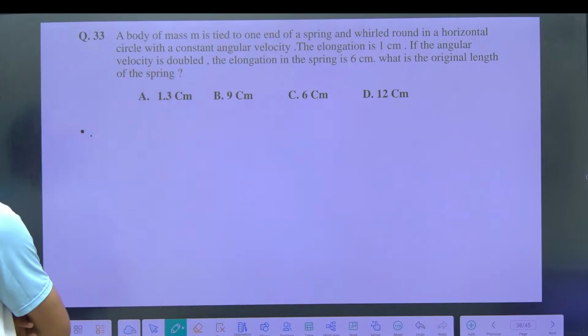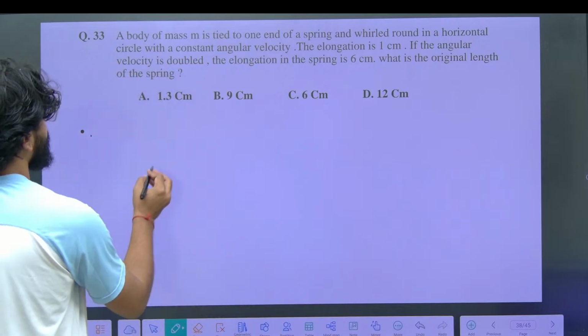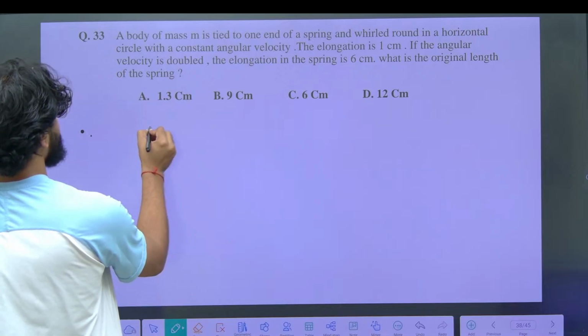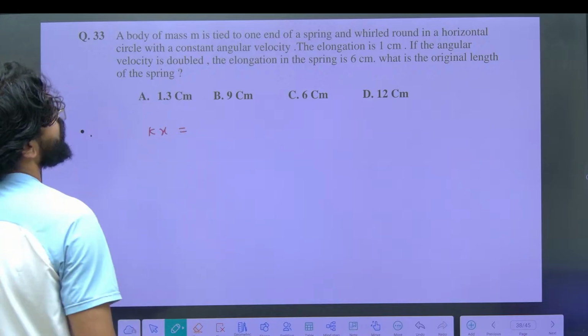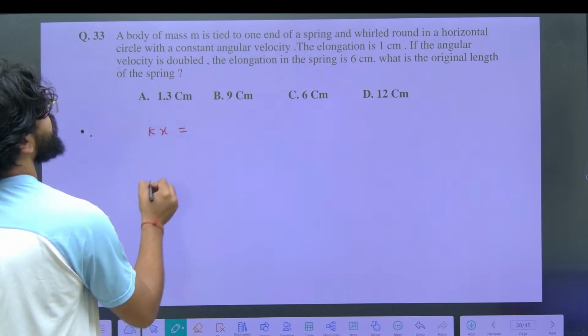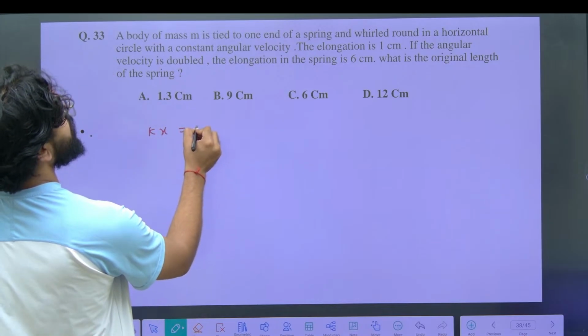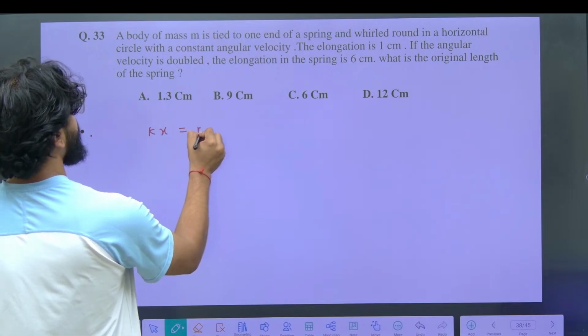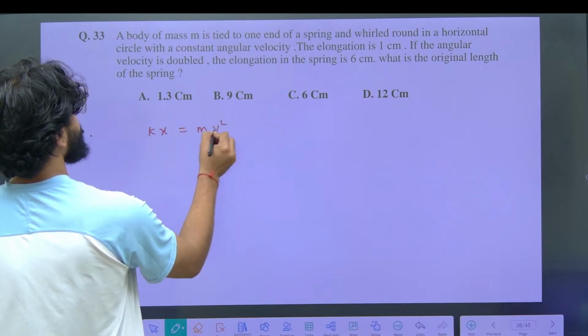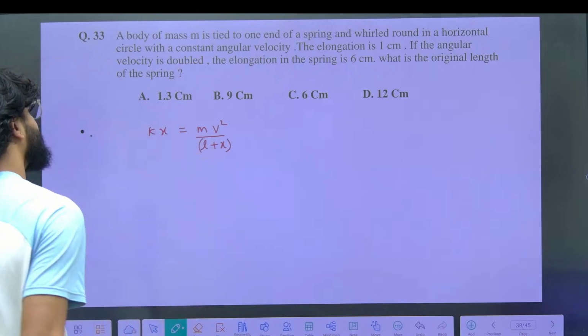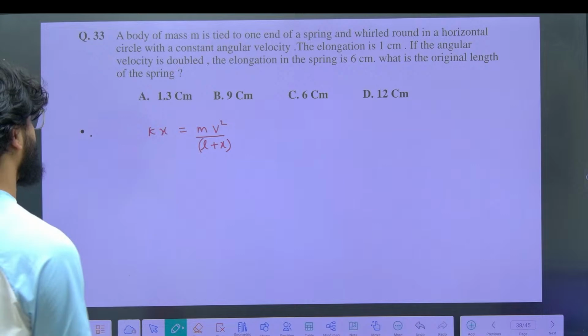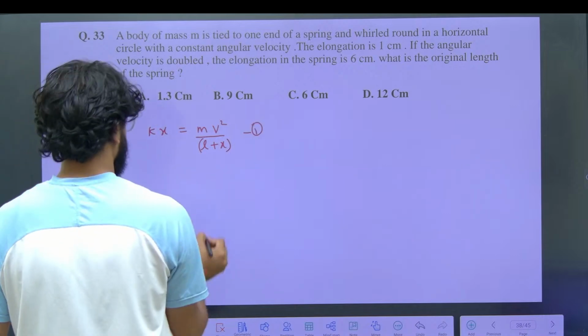Again, firstly, we can write kx equals m v square upon L plus x. That is equation 1.